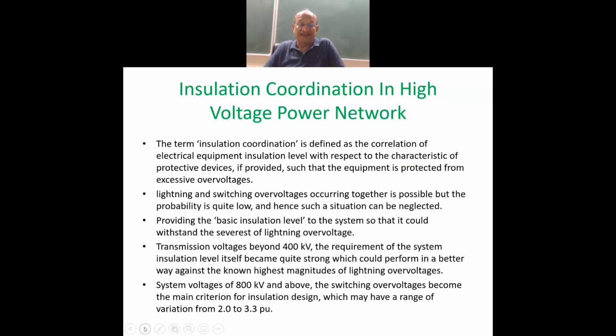Providing the basic insulation level, that is BIL, to the system so that it could withstand the severest of lightning overvoltage. As we have learned also, the basic insulation level is decided by the severest of the lightning overvoltage produced in the network.